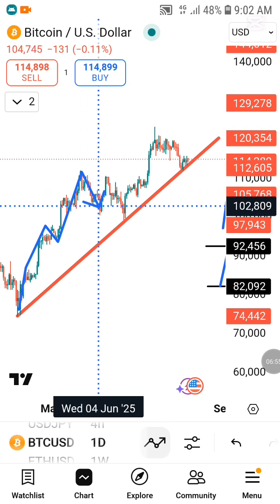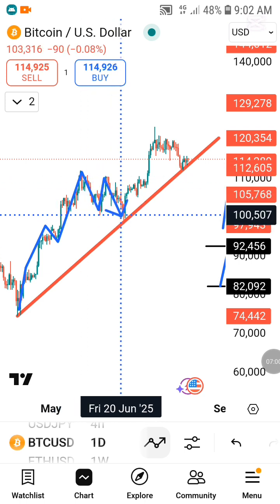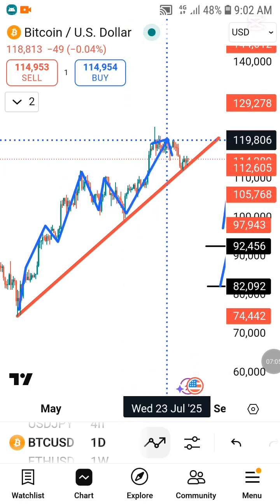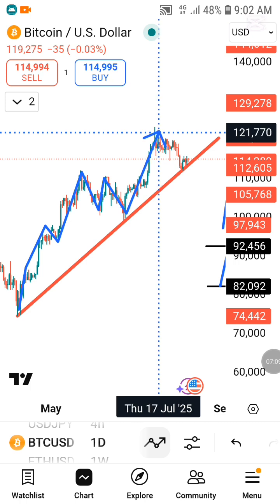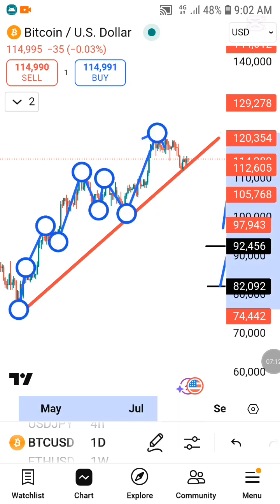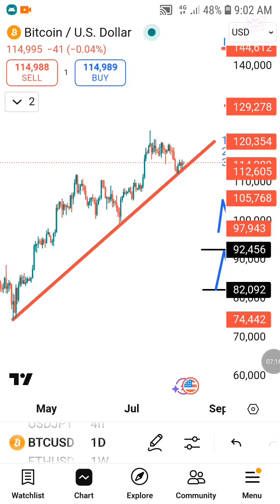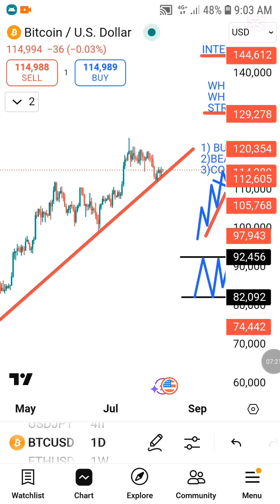All this is a bullish structure, a buying structure, because the current high tends to be higher than the previous high, and then the current low tends to be higher than the previous low. So you consider a market like this a bullish structure.